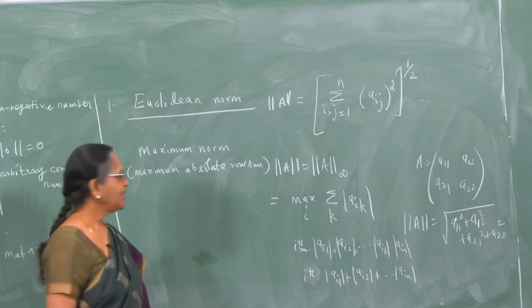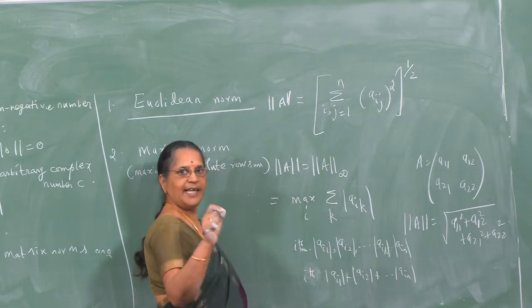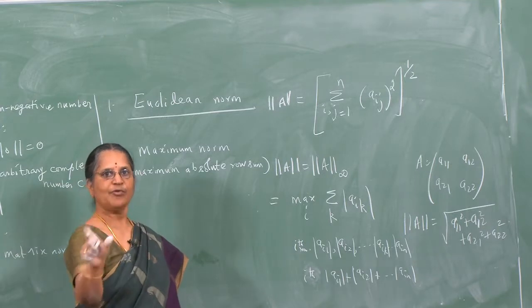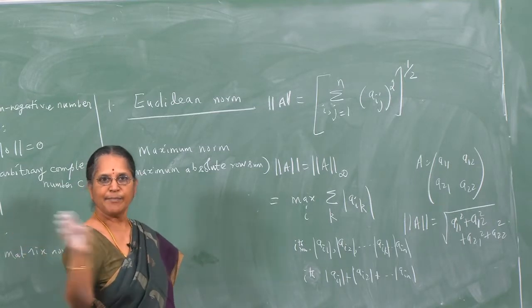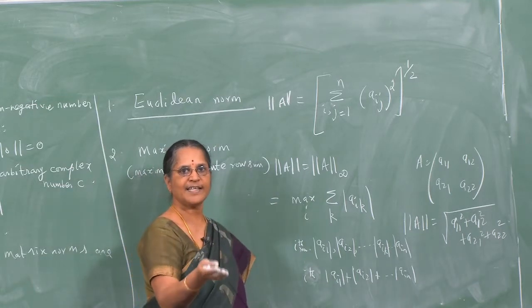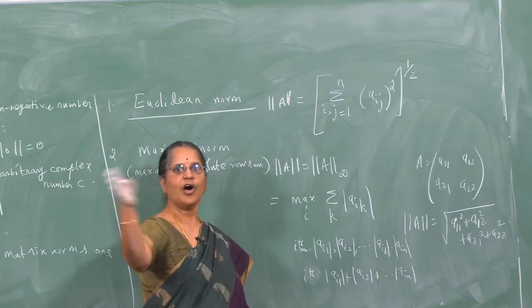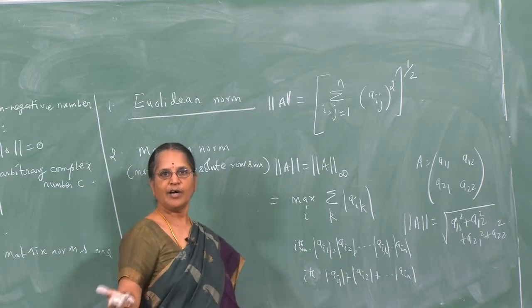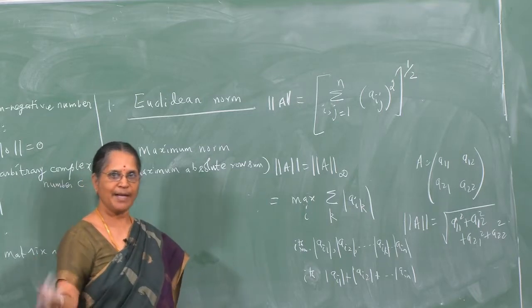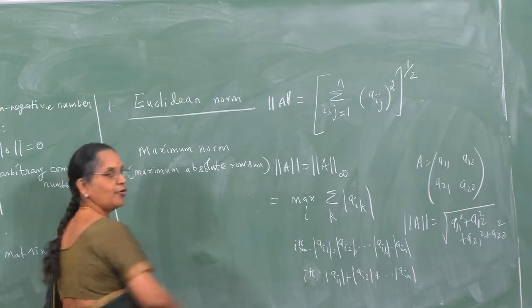I hope it is clear. What should you do? You take typically the ith row, look at its entries, take the absolute value of these entries, sum them up. Do this for all the rows. If A is an n cross n matrix, there are going to be n such rows. So, do this for all the n rows. You have now n values. From among these values, pick that which is the maximum, and that gives you the maximum absolute row sum.